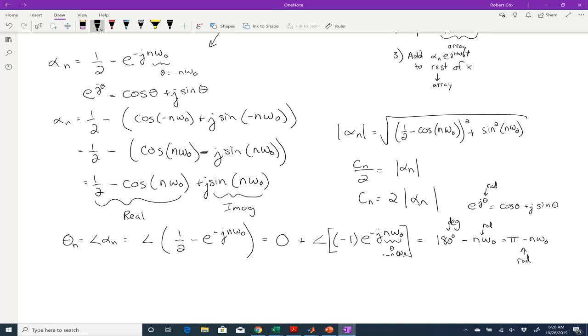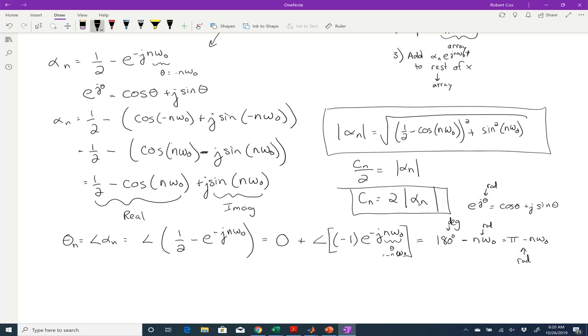All right, so at this point, I'm almost ready to go into MATLAB using this expression, Cn equals 2 times alpha n, and this expression for my alpha n, and then also this one here, that theta n equals pi minus n omega naught.